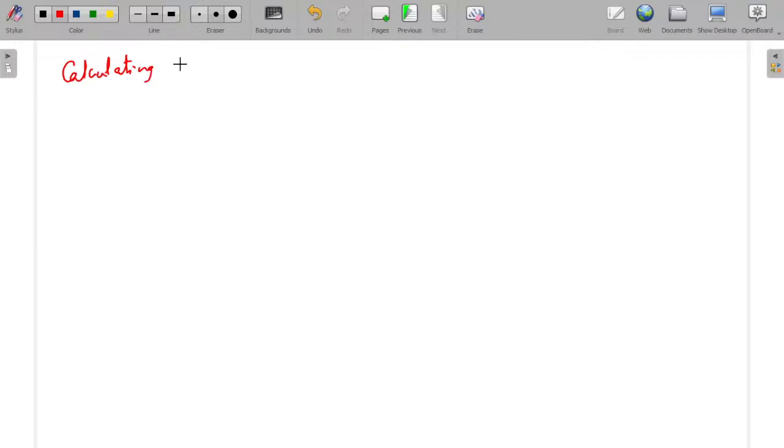All right, now we will see how we can calculate the time and space complexity for any given algorithm. I'll take an example algorithm first, and then we can see how to calculate the time and space complexity for it.